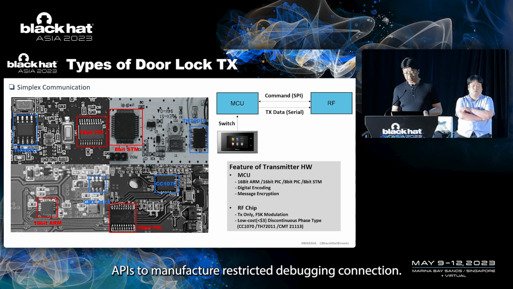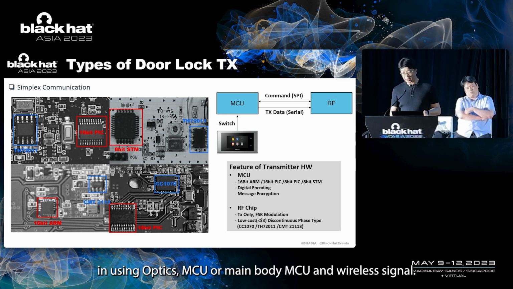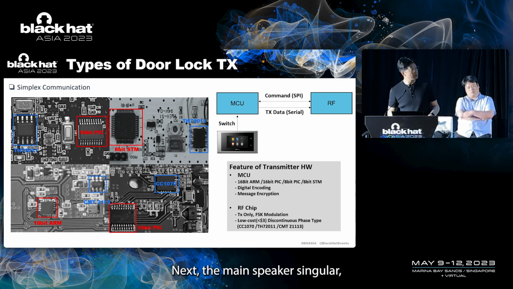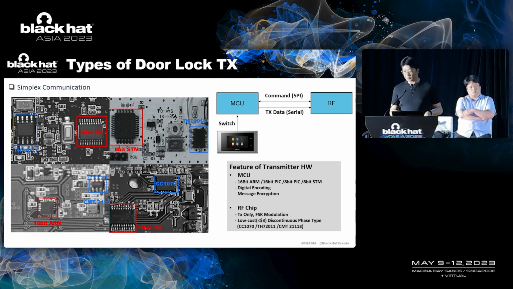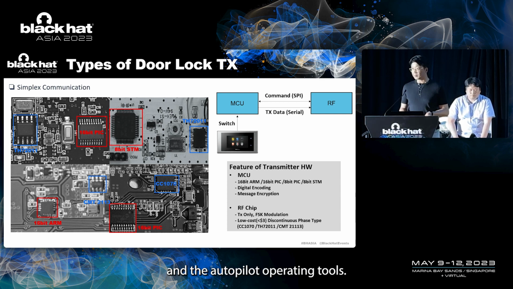If the manufacturer restricted the debugging connection, the analysis target was analyzed using the RX MCU or mainboard MCU and the wireless signal. Next, the main speaker, Seungjoon, explained the details of the door lock's vulnerability analysis technology and the art of lock picking tools.